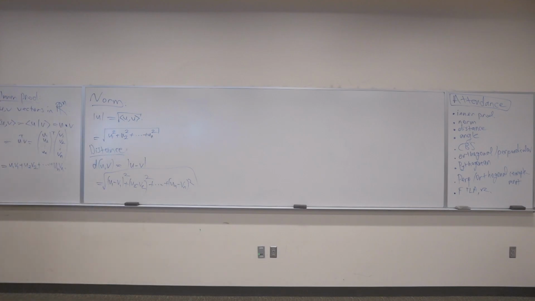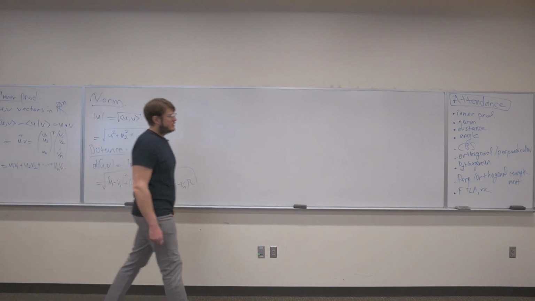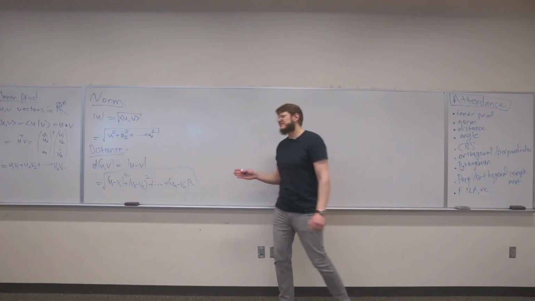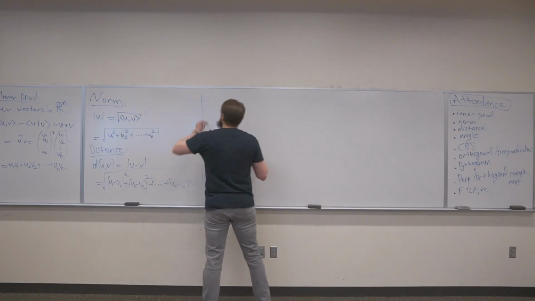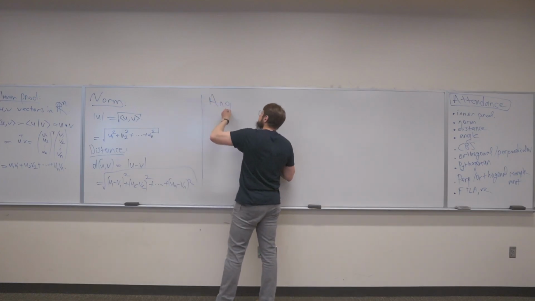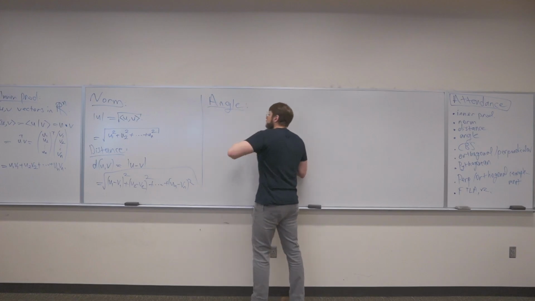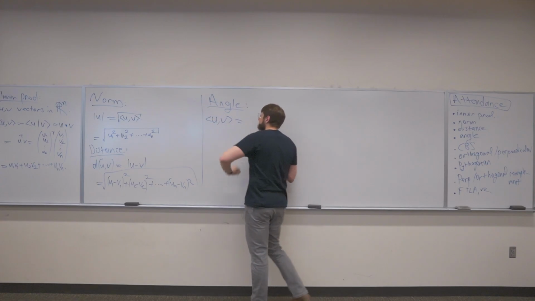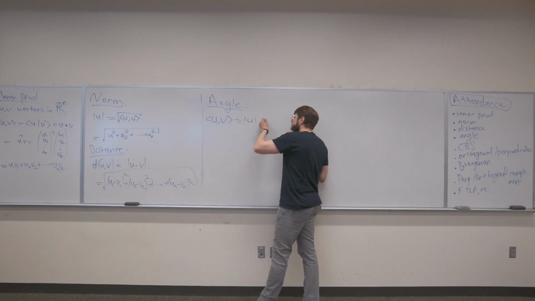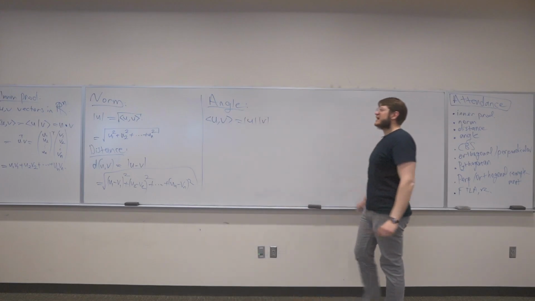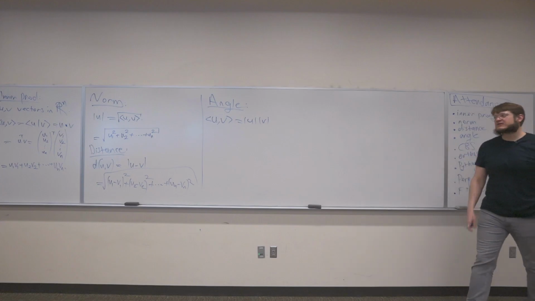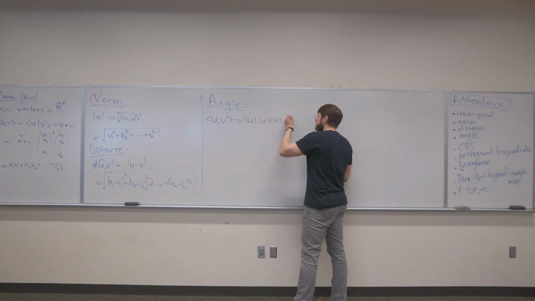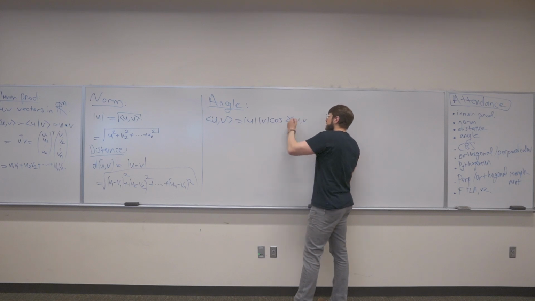What else? Angle is this. Instead of using the arc cosine, I'd rather keep it as a cosine. So I like writing it like this. So I'm going to look at u against v. Then I'm going to compare it to the product of the norms. There's going to be a factor that's going to give me the angle. Okay, that's how I think about it. So this is going to be the cosine of the angle between u and v.